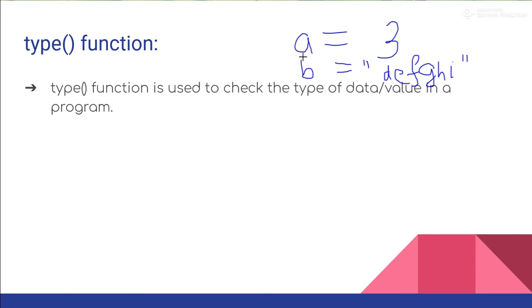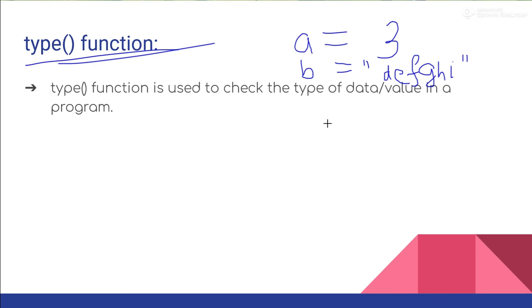Let's say we want to know the data type of the value being stored in the variable a. So how do we do that? Well, that's where the type function comes into the picture. The type function is used to check the type of data or value in a program.